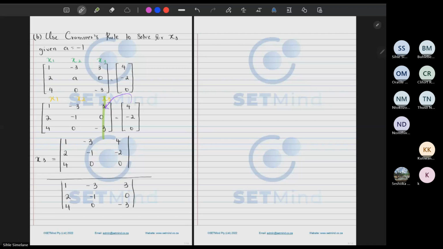Okay. These straight lines, be reminded that they are for the determinant. So you should be reminded of how we find the determinant of a 3 by 3 matrix. Let's go ahead and find the determinant of the numerator. Then we'll plug back at the end.